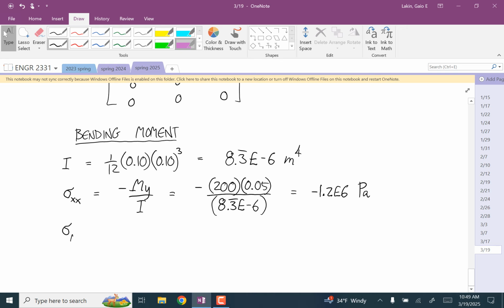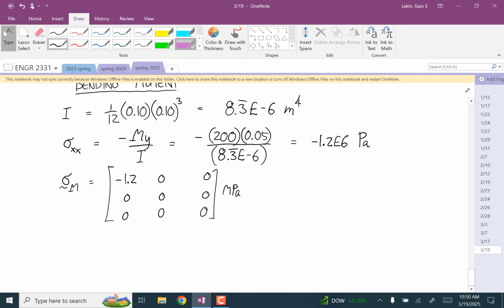As a stress tensor, the stress tensor due to the bending moment is negative 1.2, zeros everywhere else. And this is megapascals. All the other internal loads were 0, so all we have is these two.